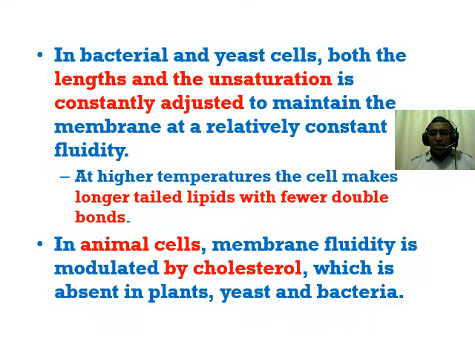Just imagine you take a bacteria from a moderate temperature, that is 35 degrees Celsius, and then you shift it to a hot spring. The cell membrane of the bacteria becomes so fluid that it is possible the unicellular bacteria could die.